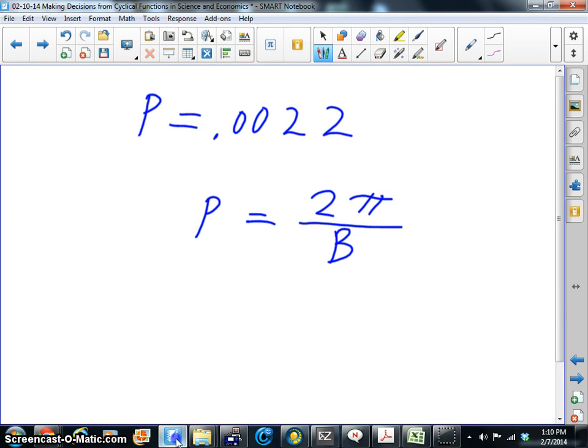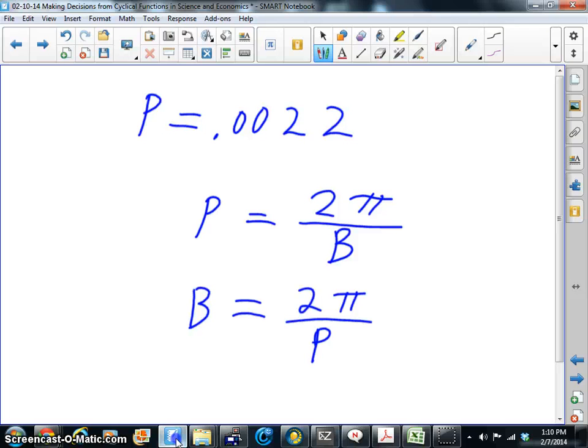In other words, we need to find out what B is. Well, this is a really easy way to do it. B is equal to 2 pi divided by P. So if we ever need to find B, if you have the period, you can find out what B is equal to.